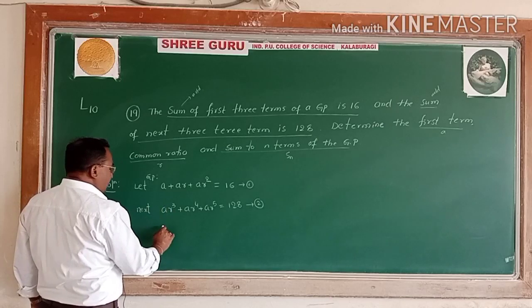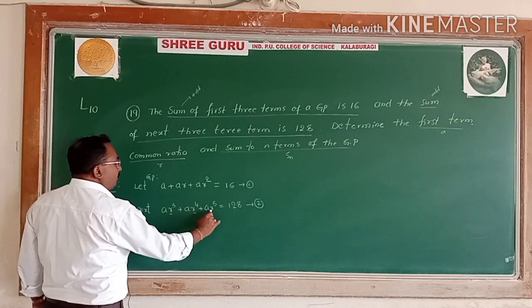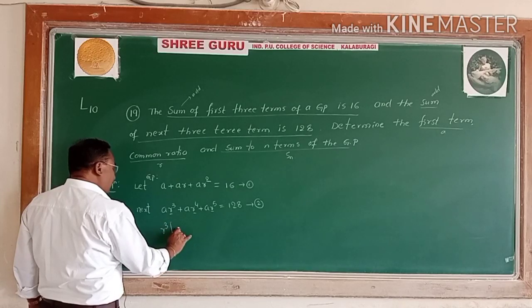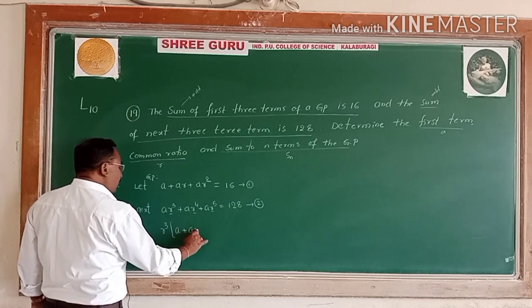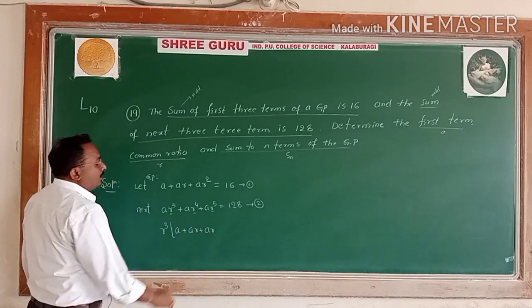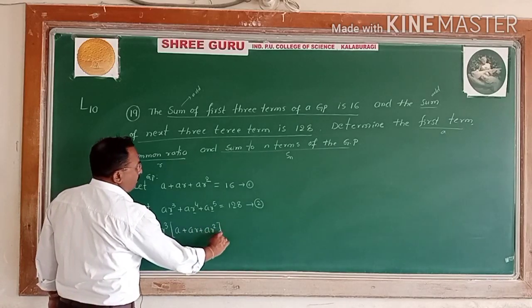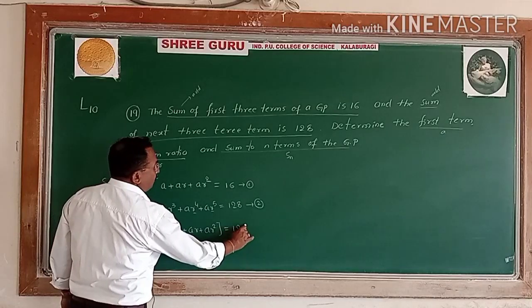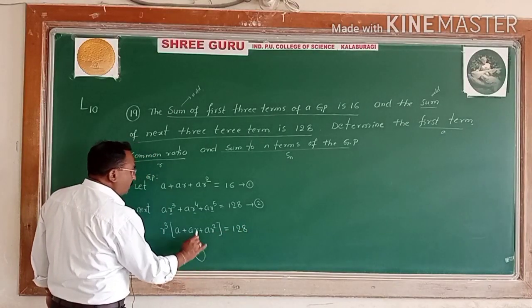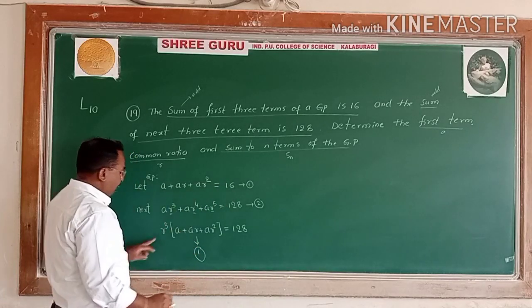Here R cube taking common, remaining is what? A plus AR plus AR square is equal to 128. This refer from equation number 1, substitute is equal to 16.